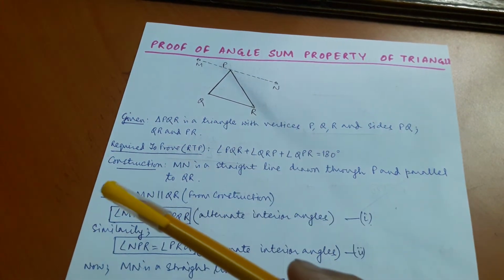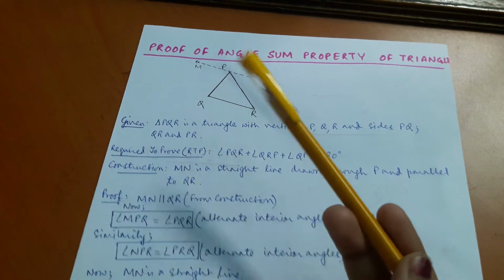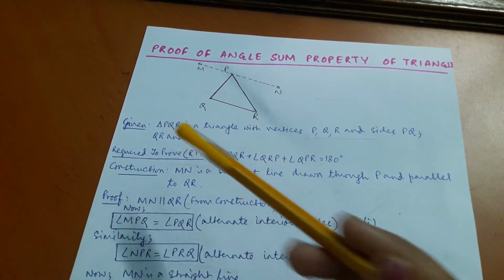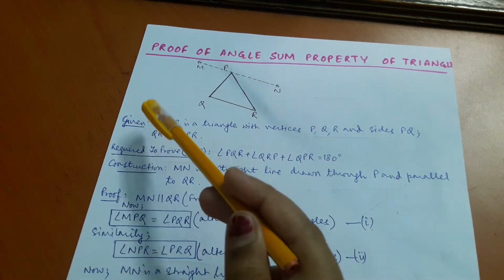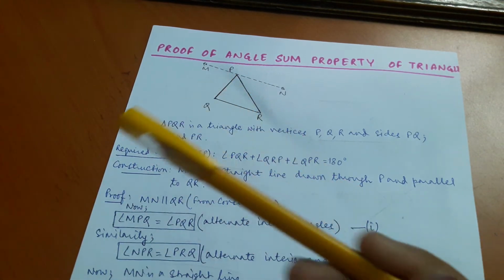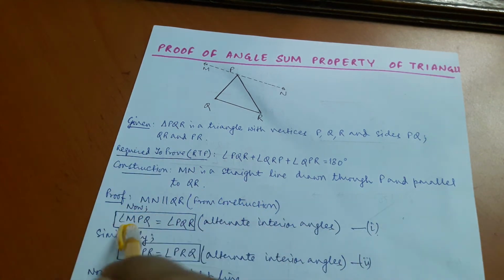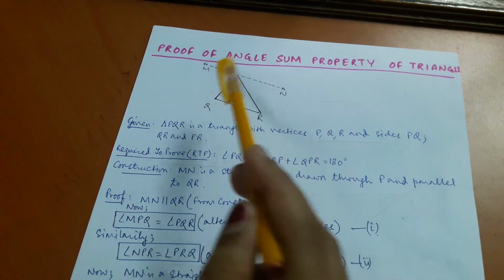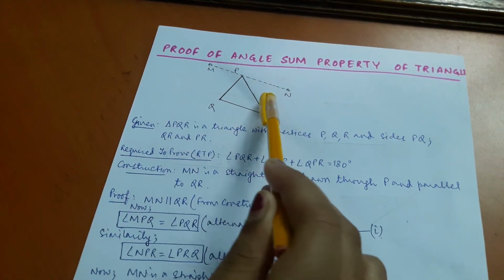And in the last video, if you remember, I had already mentioned the format that we need to follow for writing a proof. The format is, first we need to write given, then RTP, which means required to prove, then comes our construction, then our proof. Writing the construction is necessary here because we have used a construction.